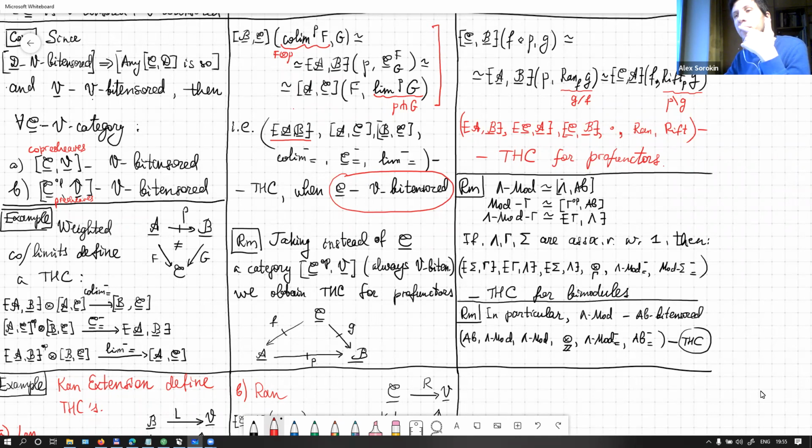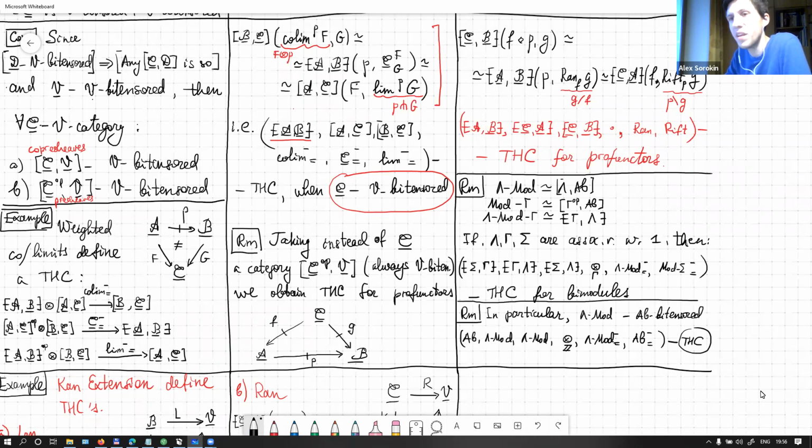If I am taking category C to be bicomplete, then everything will work. However, since I'm trying to talk as generally as possible, without giving anything specific, I am assuming that C should be bitensor.